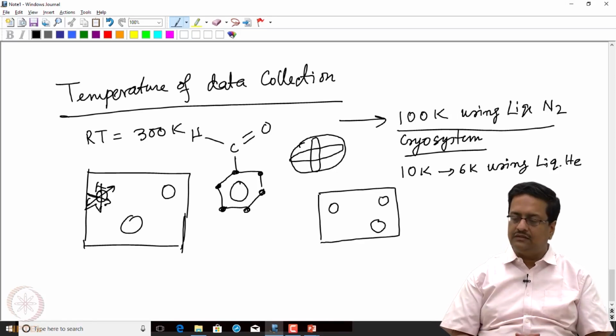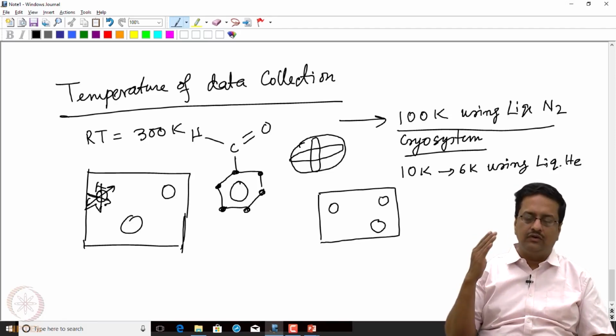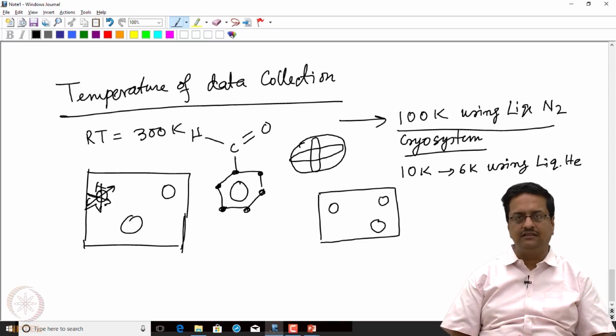Another point is that on decreasing the temperature of data collection, that is decreasing the temperature of a crystal, you are reducing the volume of the lattice, and once you reduce the volume of the lattice, the number of reflections changes.